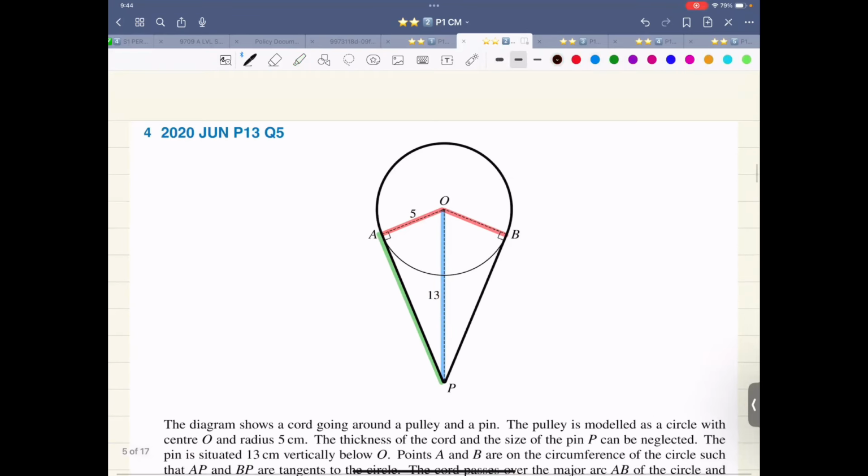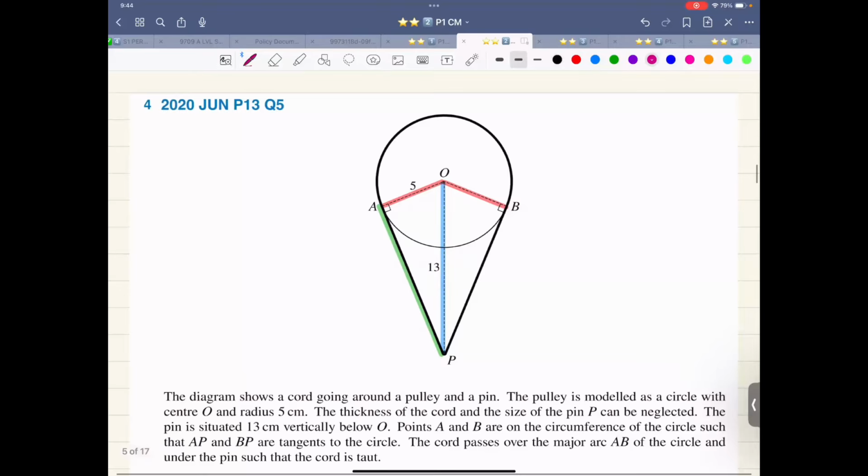Now the strategy is this. Find this angle, let's call it theta. This will be the same as this theta because these two triangles are congruent. And over here, let me use this angle as beta.